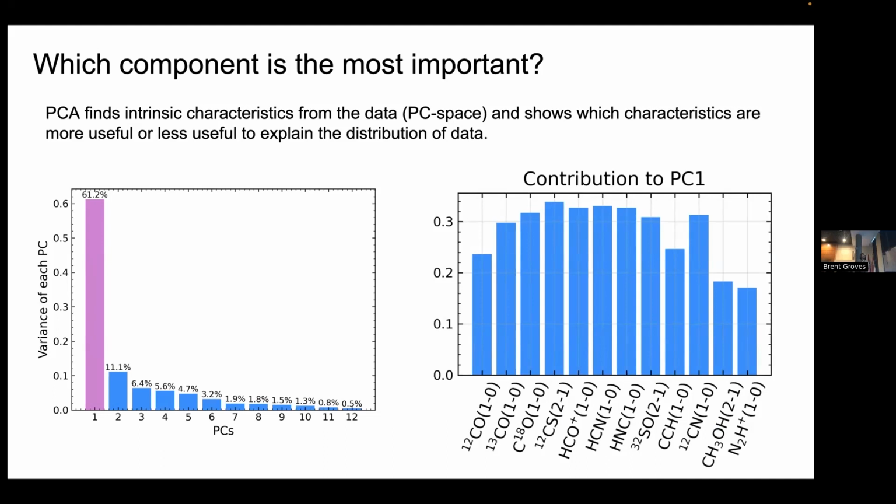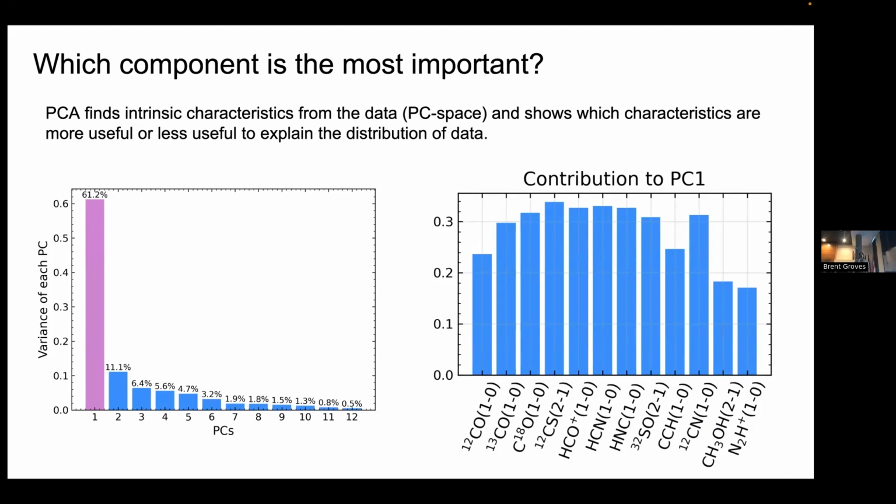The left figure shows the influence of each principal component. We can see the first component makes up about 60% of the variance of the whole distribution, which means it's the most influential component. We check the contribution of each line to this first component, PC1.